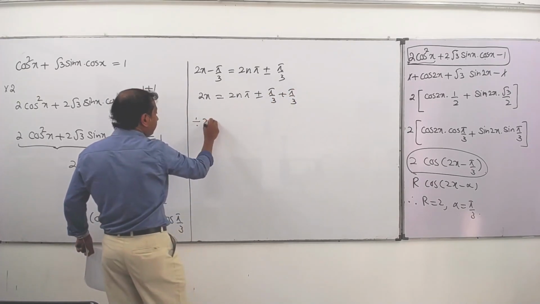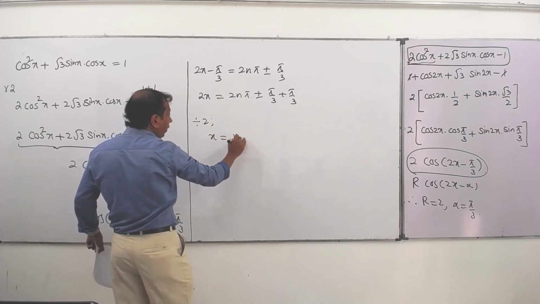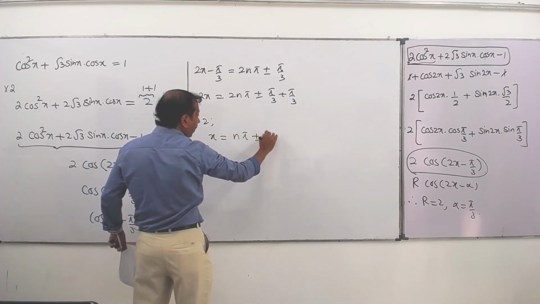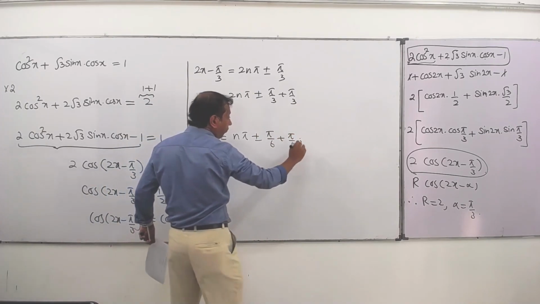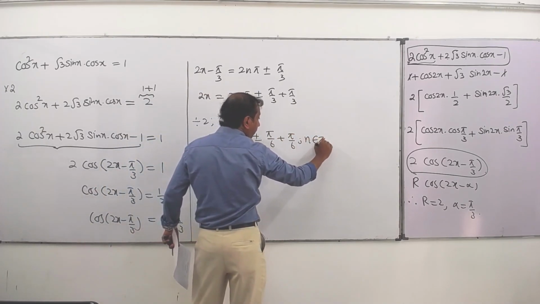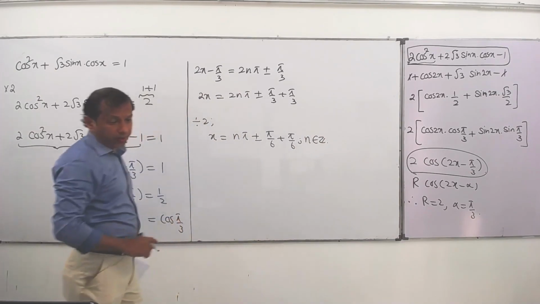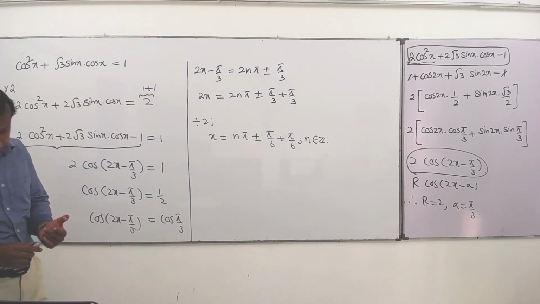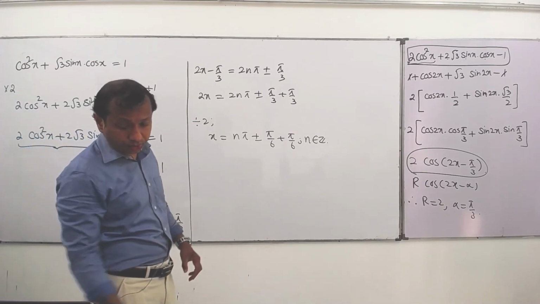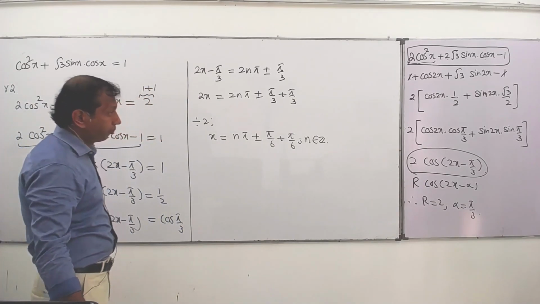Divide by 2 to make x the subject: x equals n pi plus or minus pi by 6 plus pi by 6, where n is any integer. This way we can write the general solution.